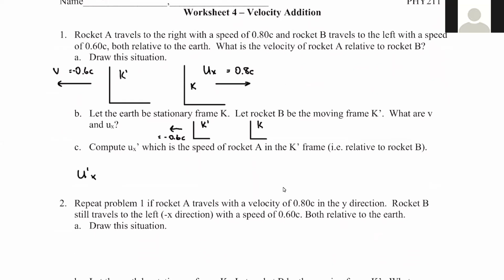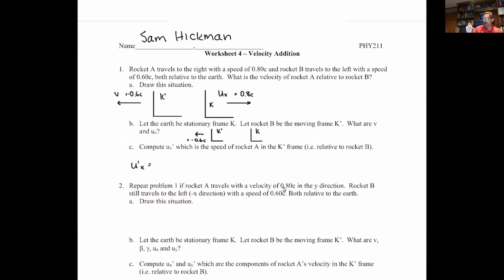It's a lot to take in. The key is what part C is asking for: the speed of rocket A, given by u sub x in the stationary frame, relative to rocket B, which we decided was the K prime frame. Okay, I think I can work with that now.